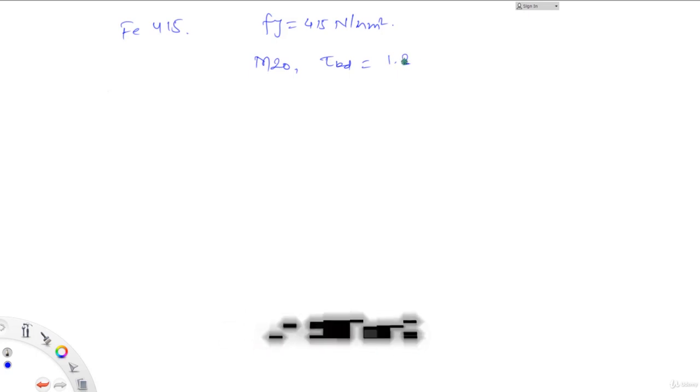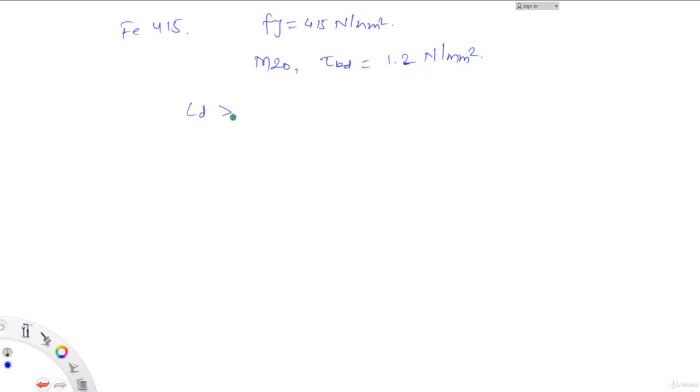Now let's calculate the development length for certain values. Let's say that you are using Fe 415, then in that case you can place Fy equal to 415 Newton per mm square. And let's say that you are using M20 grade of concrete, in that case tau Bd is equal to 1.92 Newton per mm square. Now put these values in the equation.